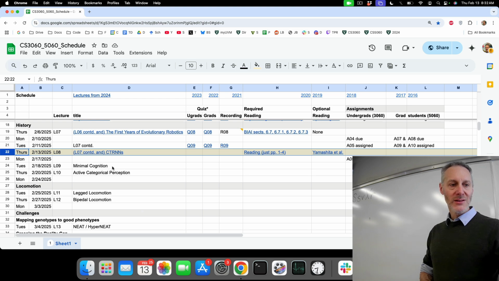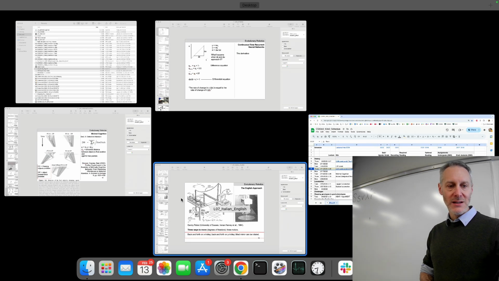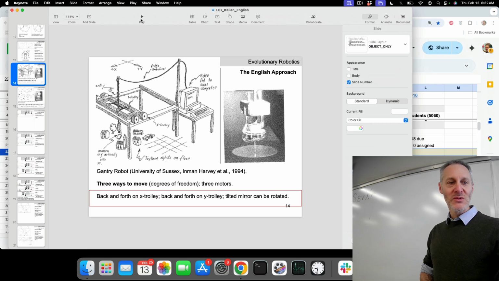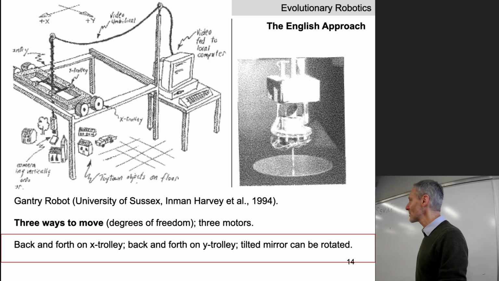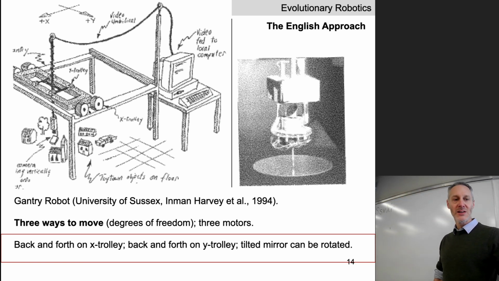Okay, so back to the mid-90s, and we started last time talking about this Rube Goldberg-esque contraption known as the Sussex gantry robot. A lot of odd things about this machine, including its 2 motor systems. The 2 motor systems control the 2 trolleys that move across the top of this empty table.